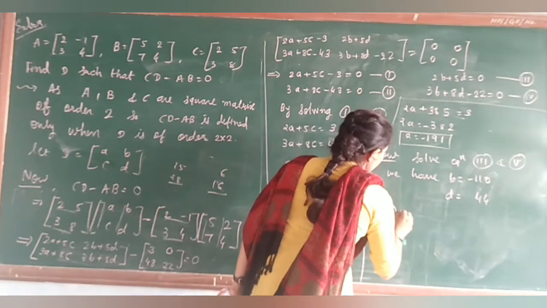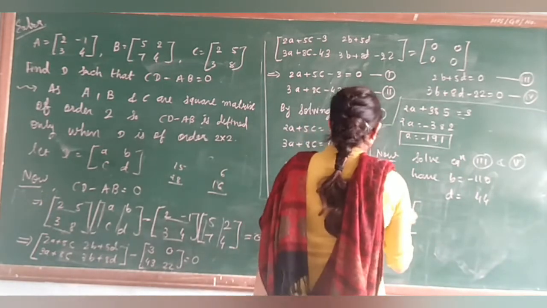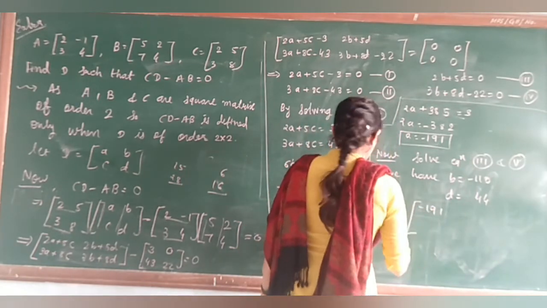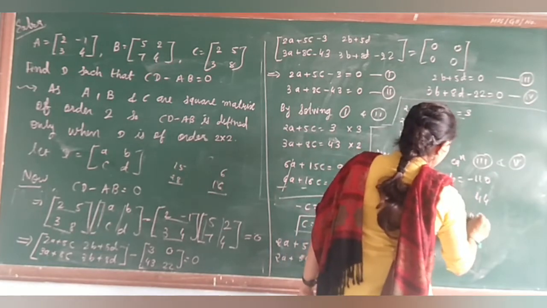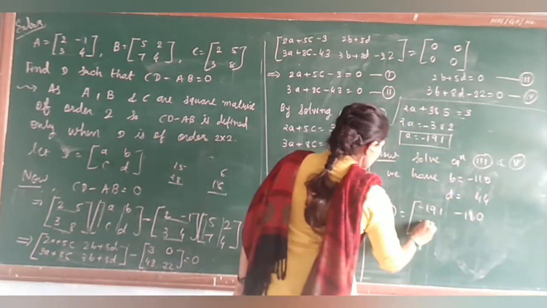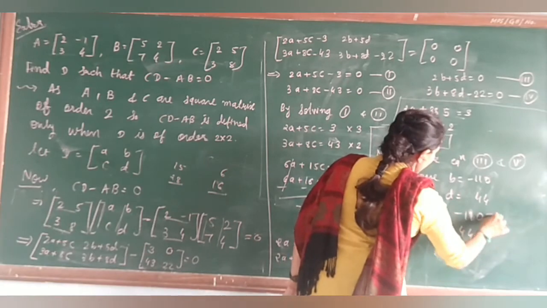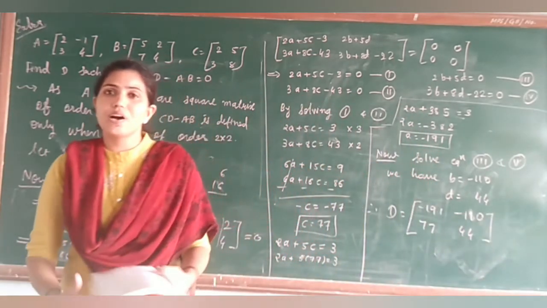So therefore c is 77 and d is 44. So this is your answer, students.